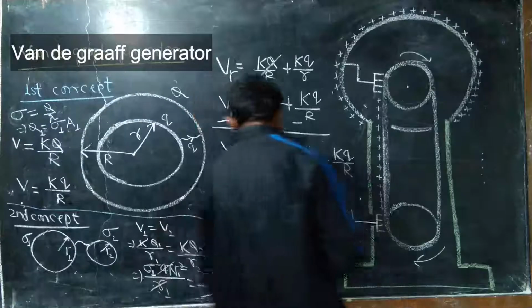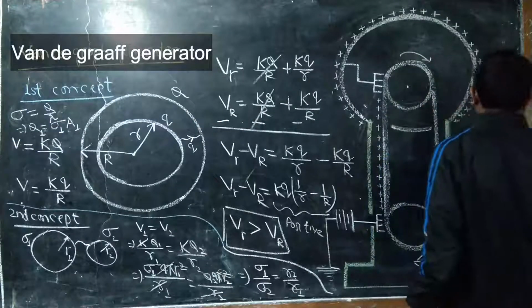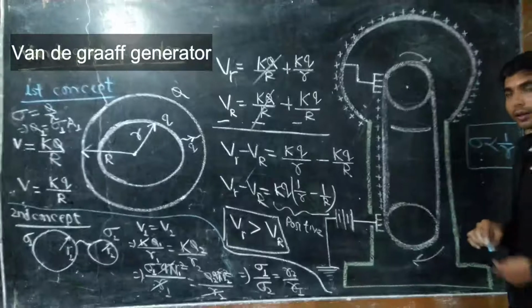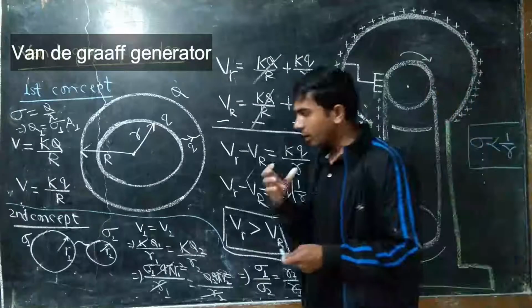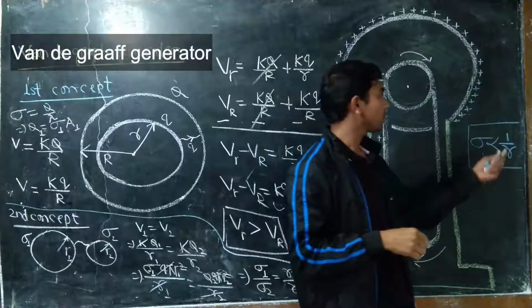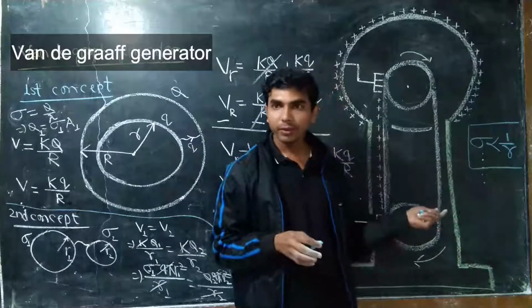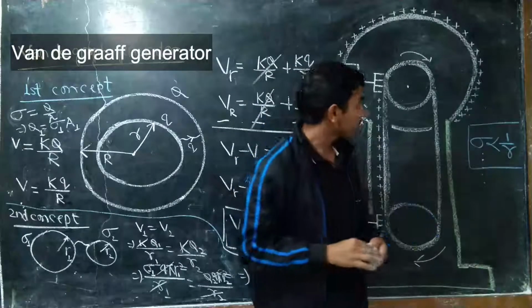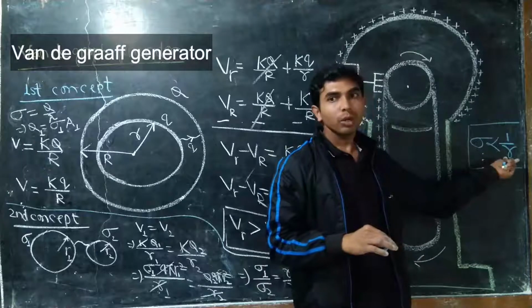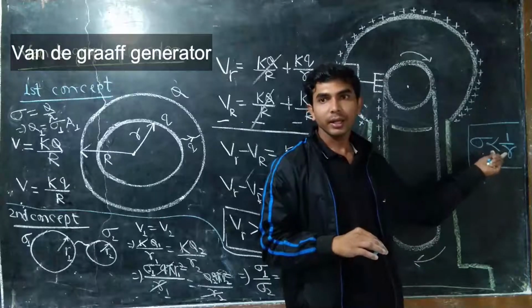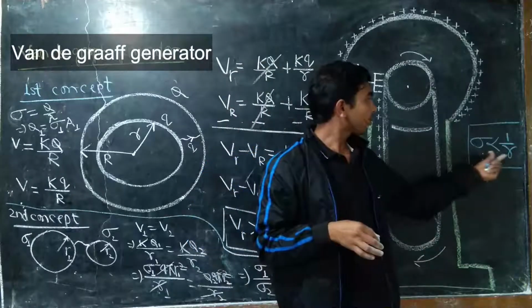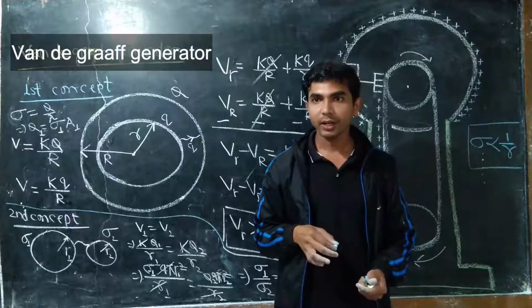Sigma is the surface charge density, so if the radius is smaller, the surface charge density will be greater, right?